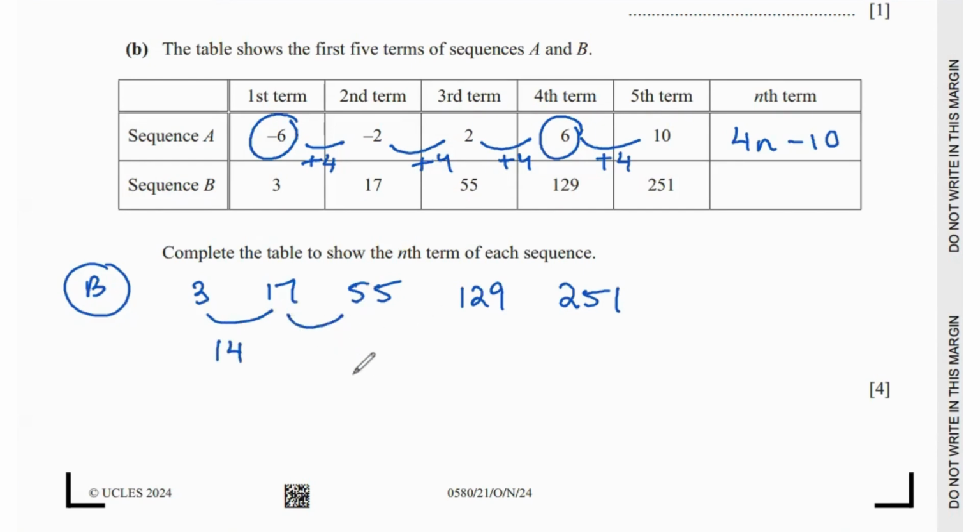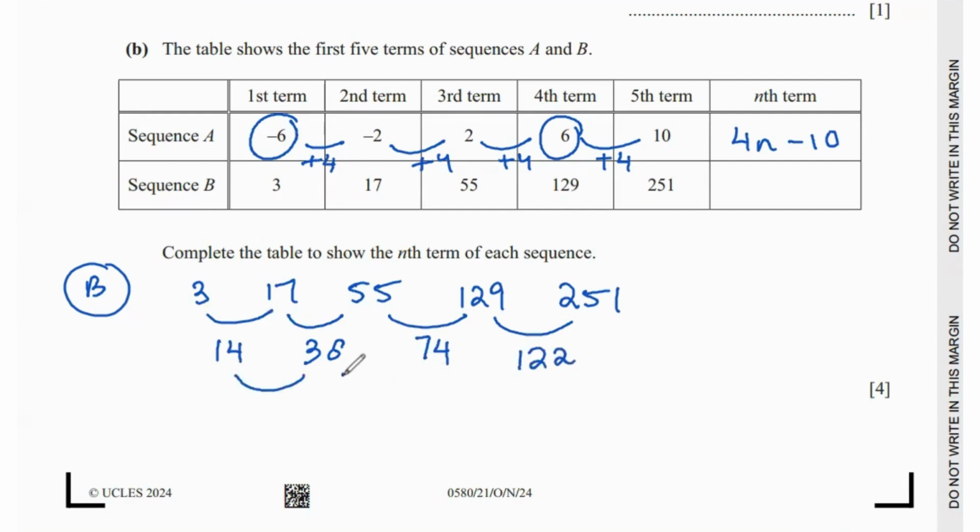Between 55 and 17, we have a difference of 38. Between 129 and 55, we have a difference of 74. And between 251 and 129, we have a difference of 122.